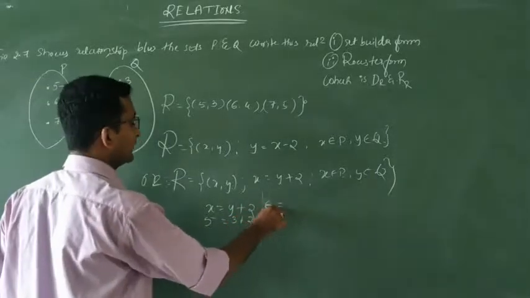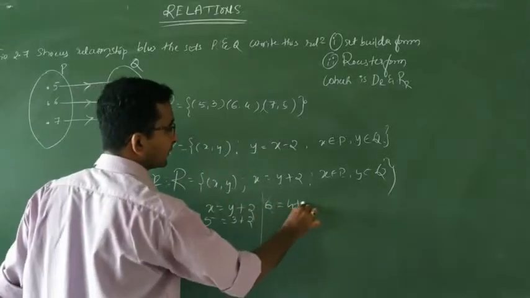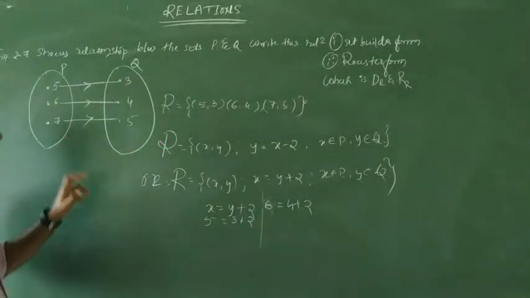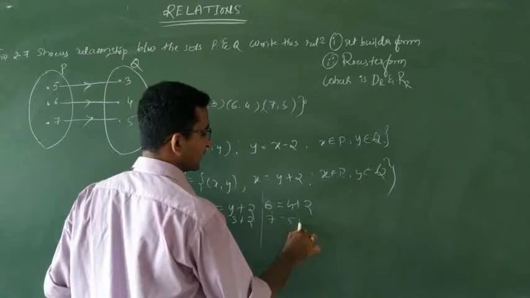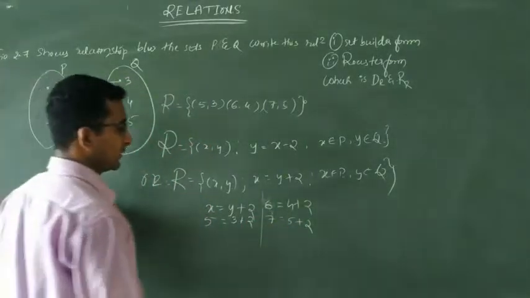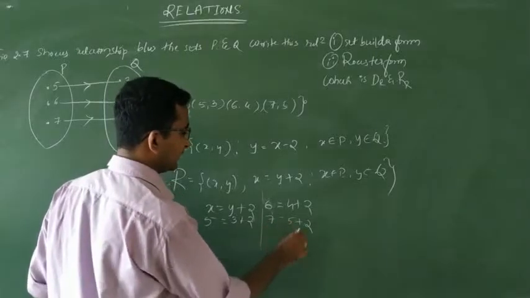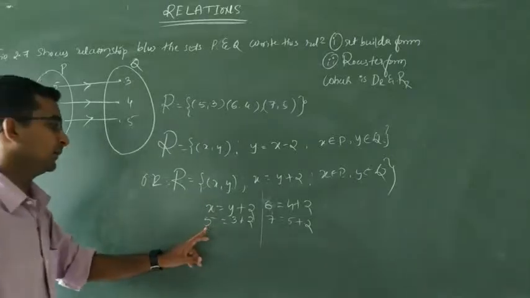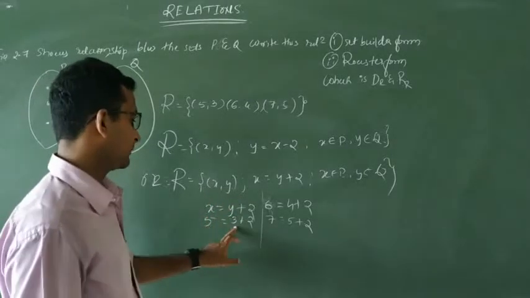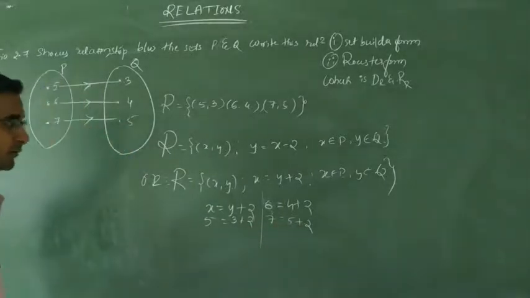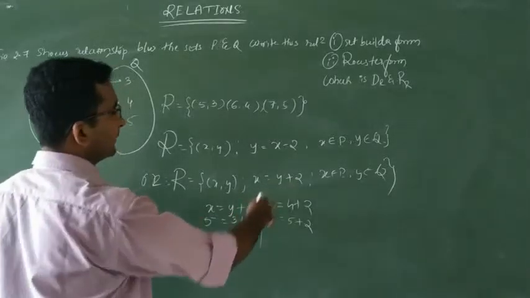When x is 7, y is 5, and 5 plus 2 is 7. So that is the relationship between 5 comma 3, 6 comma 4, and 7 comma 5. This is nothing but the set builder form.